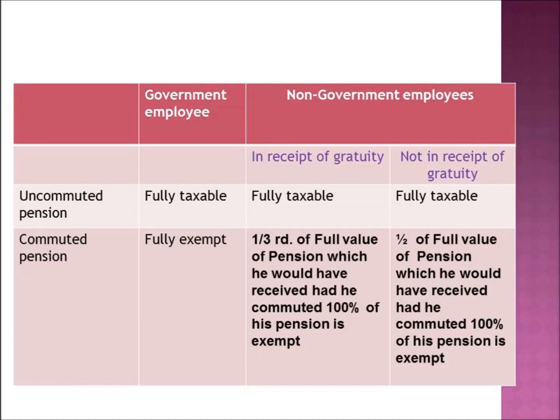So once you have understood this, you just have to apply 1 by 3 in case of non-government employees who are receiving gratuity and 1 by 2 in case of non-government employees who are not receiving gratuity. So that 1 by 3 and 1 by 2 respectively will be exempted, and the remaining part of commuted pension received will be taxable. So this is how the pension income is described and given in the IT Act and how it is taxed.